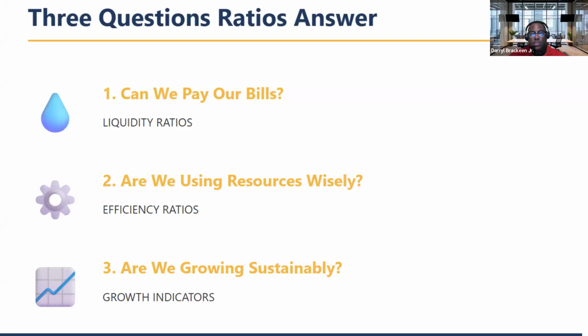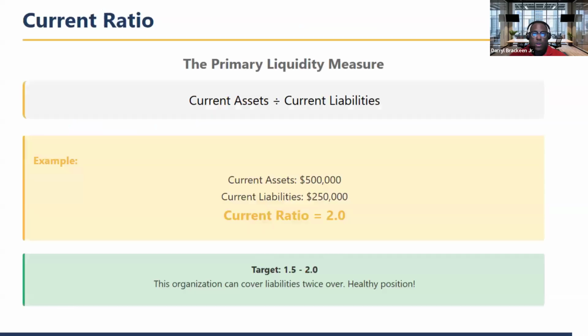In terms of the current ratio, we want to review this formula: current assets divided by current liabilities. We have an example here, right? Let's use 500,000 for our current assets and 250,000 for our current liabilities.